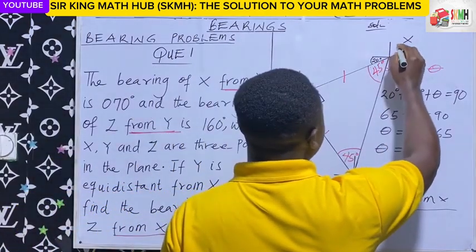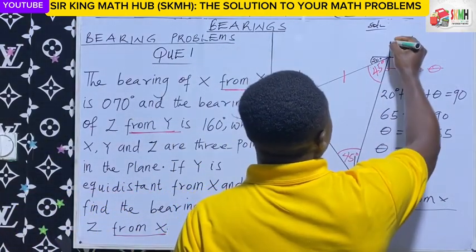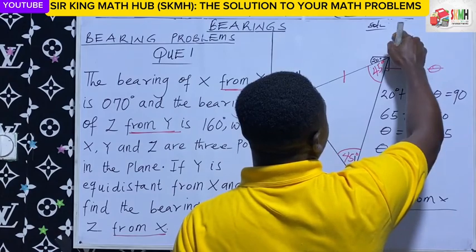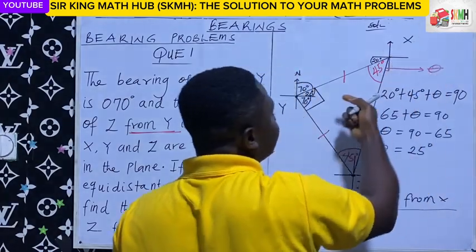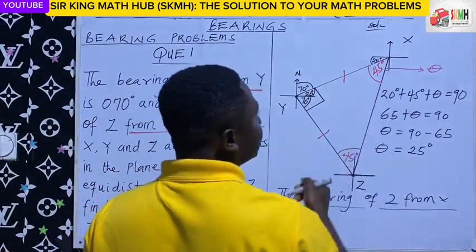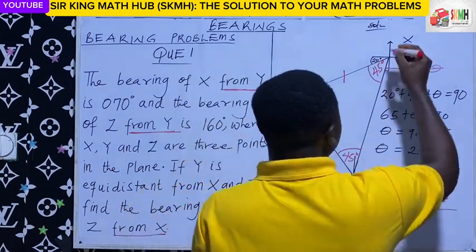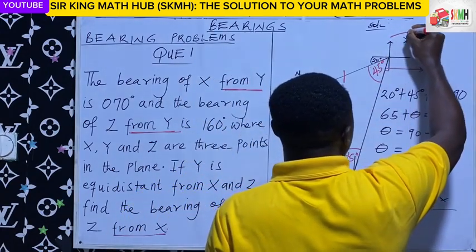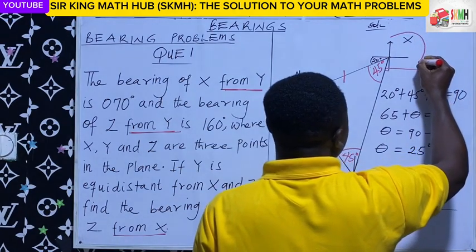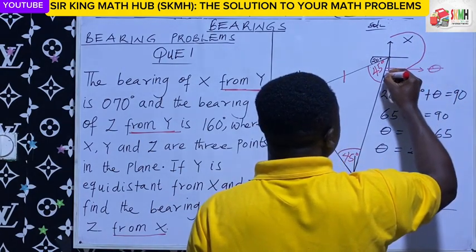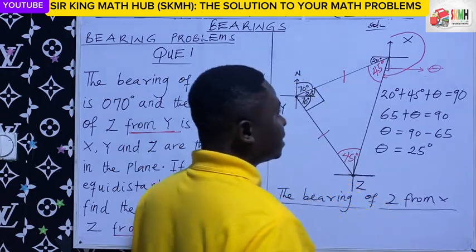So from X, meaning that we have to start measuring from the geographical north, from the point X in the clockwise direction until we get to this line. So starting from the geographical north, we are moving until we get to this angle.